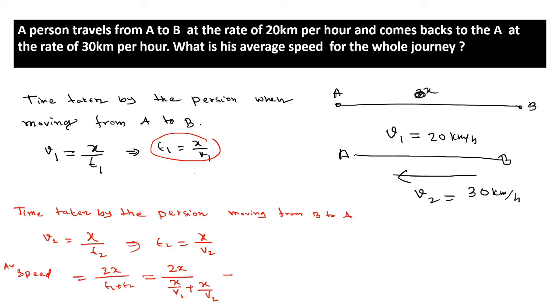If I solve it, that will be 2 into v1 v2 by v1 plus v2.